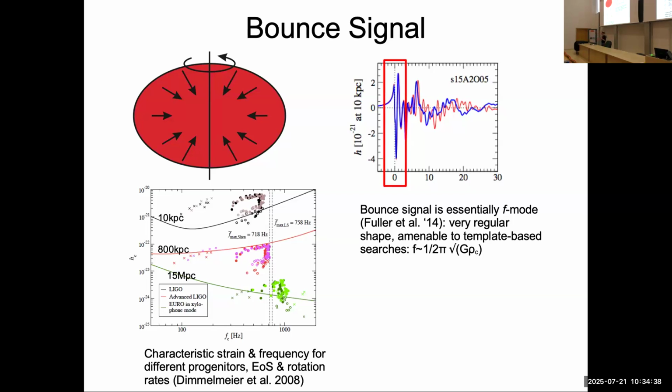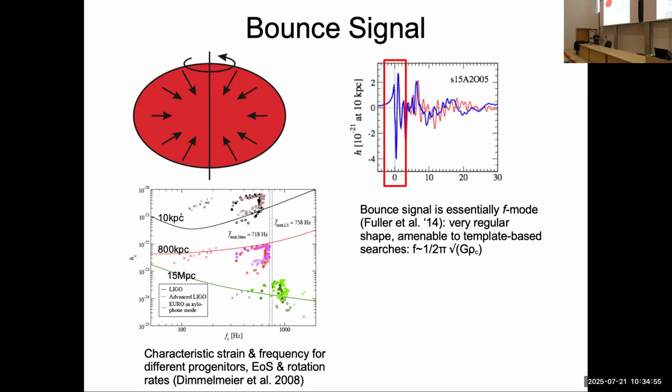template. There's perhaps a slight dependence of the actual frequency on the degree of rotation if you start to rotate very fast. And if you start to rotate extremely fast, then the signal will eventually be somewhat modified.